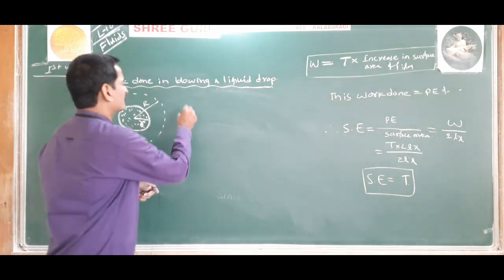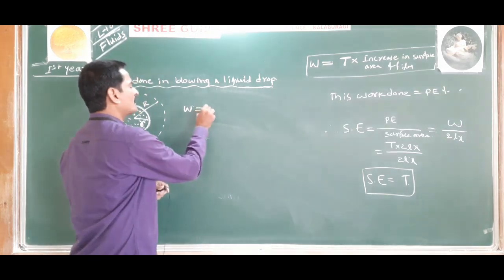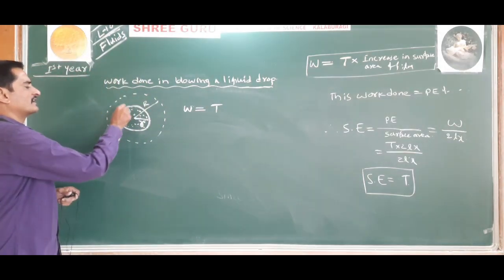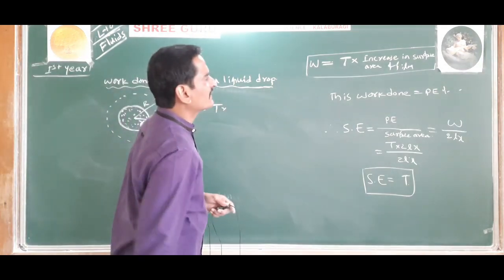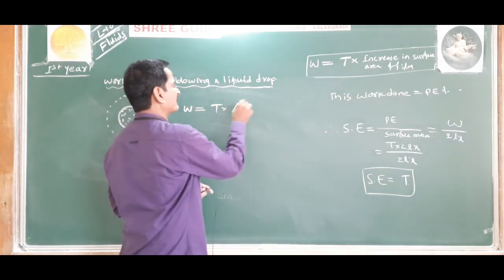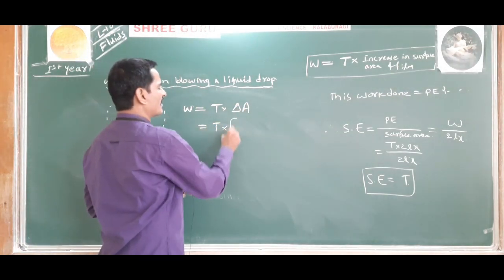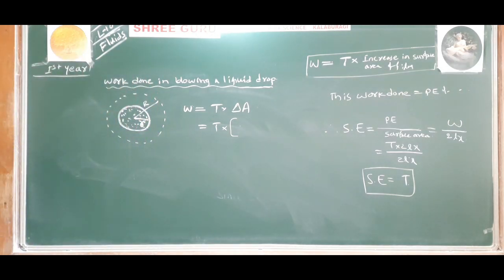Then the work done in blowing the liquid drop is given by work done equal to surface tension, let T be the surface tension of that liquid, into the increase in surface area, delta A. The increase in surface area is the final surface area minus the initial surface area.